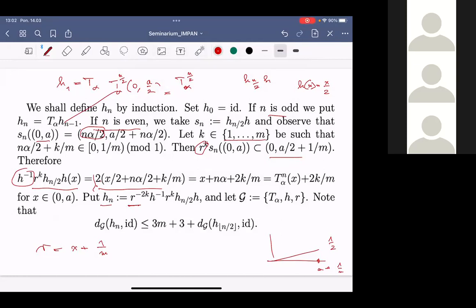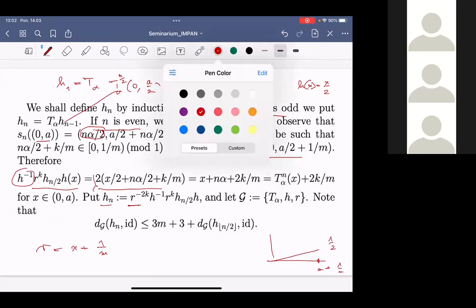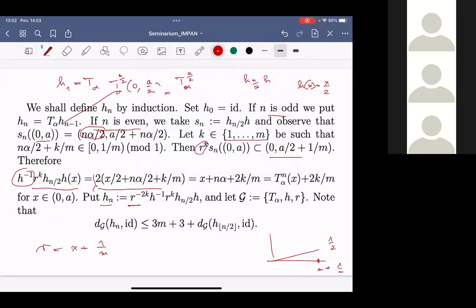So that on the interval, because you see it was done on the interval 0a. Yeah, all computations were done on the interval from 0 to a, and if we define that this is hn, so we see that hn of x is equal.